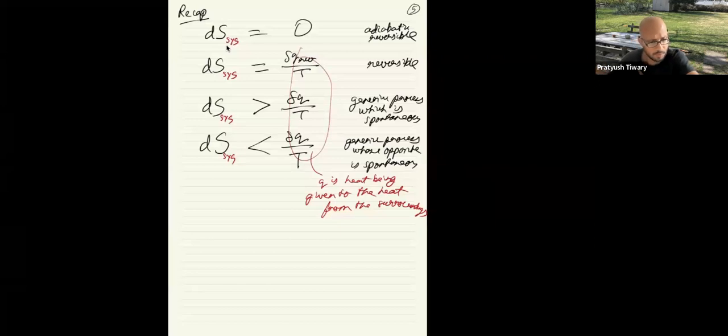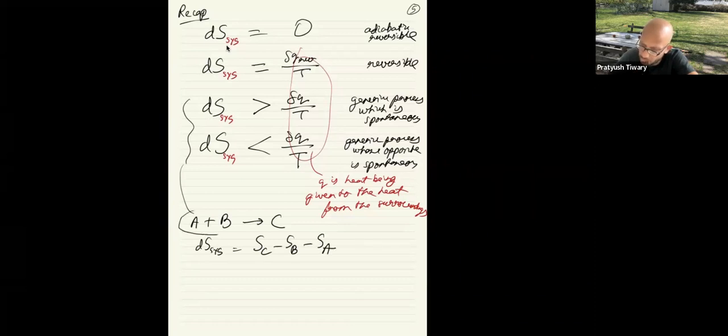Let me give you an example of what the last one looks like. Let's say for any of them, you have a reaction, A plus B going to C. So the dS of the system in this case is S_C minus S_B minus S_A.